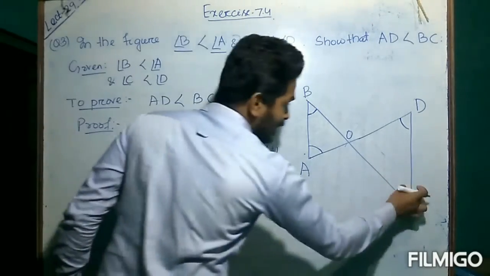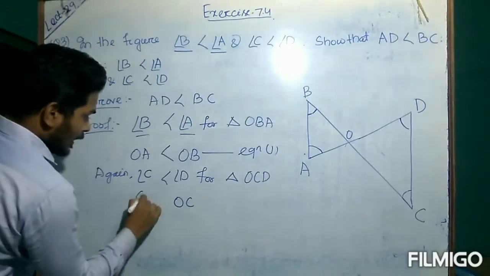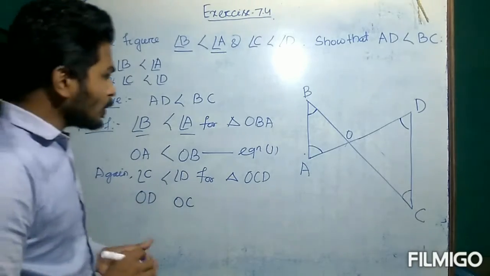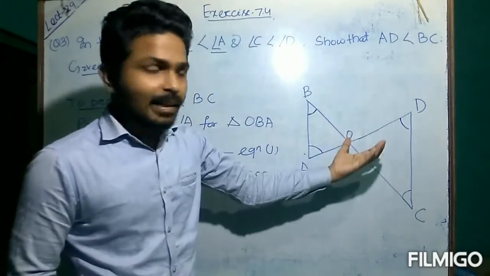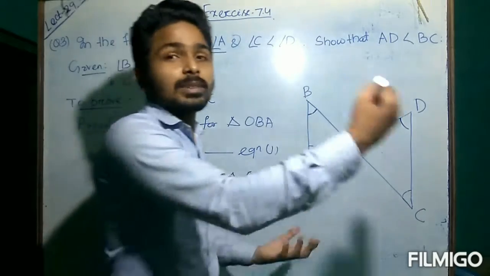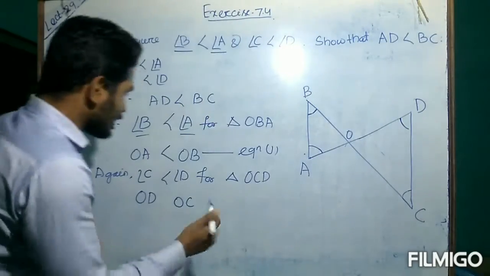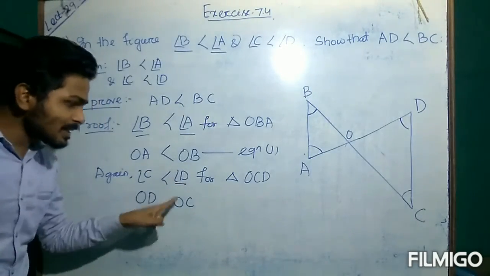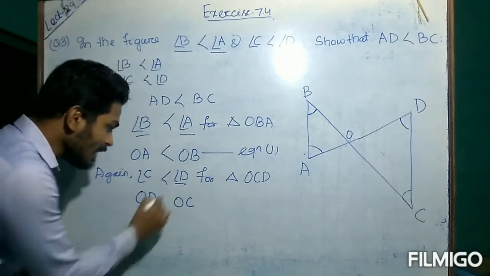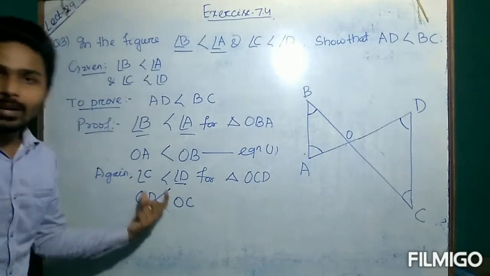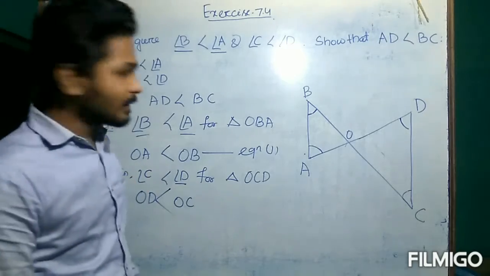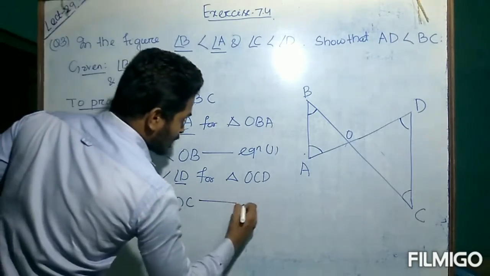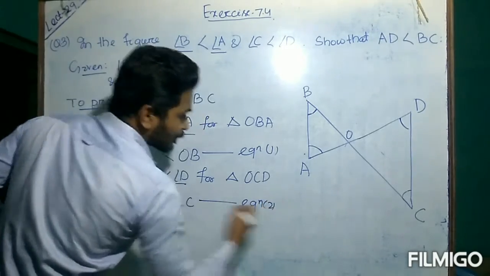What is the opposite side of angle C? This one, OD. Now, according to theorem 7.7, we know the same thing in this triangle: if any angle is larger, then its opposite side must be longer. Since here angle D is larger, its opposite side must be greater than the opposite side of the smaller angle. This is equation 2.